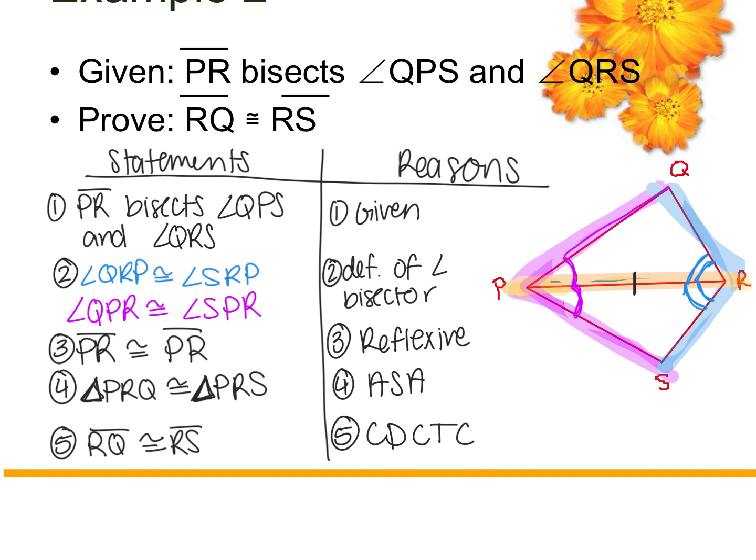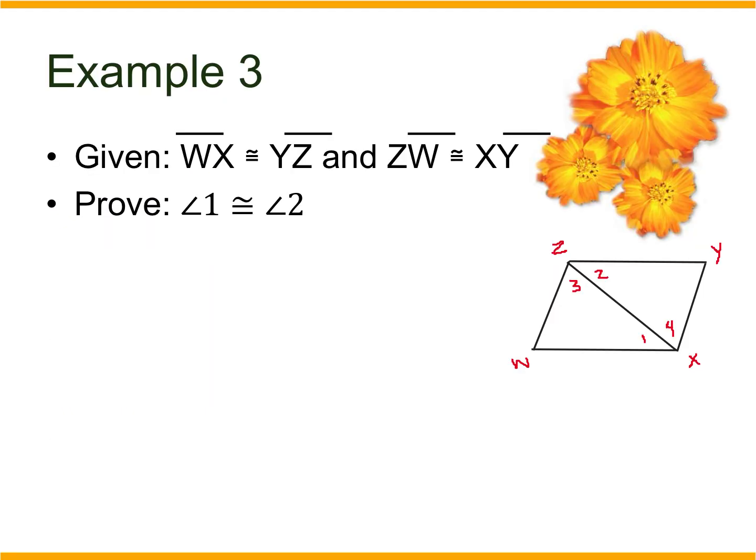All right, any questions on this? All right, go ahead and try the last one on your own. I'll give you a few minutes, and then we'll check it. This is good practice because on your test, there will be 2 completely blank proofs.